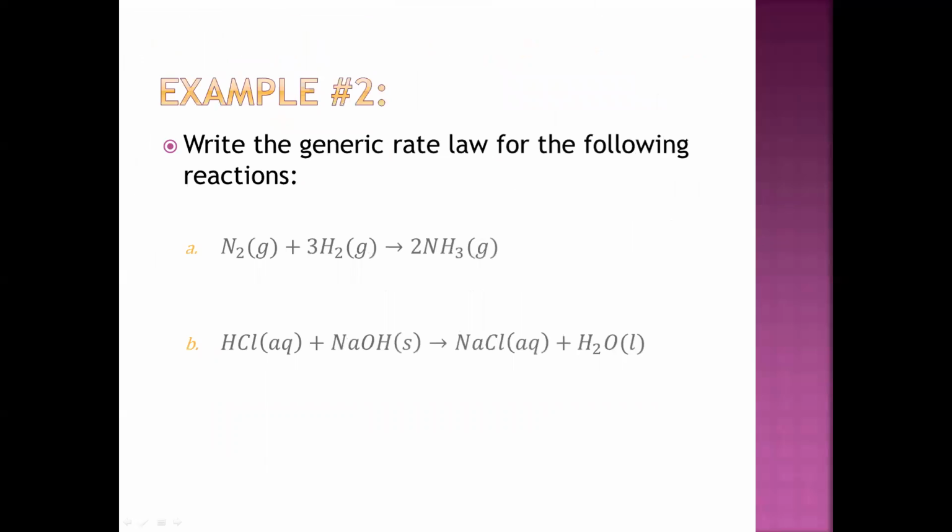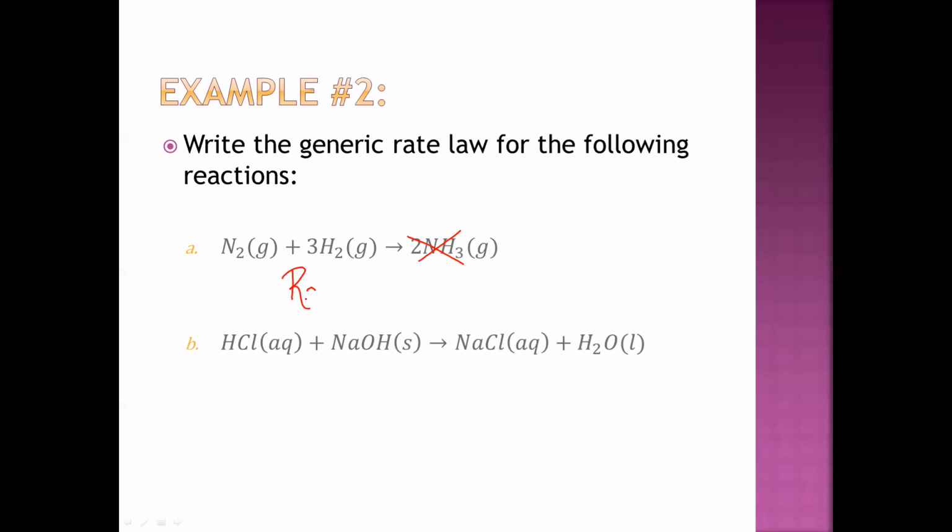So we want to write for both of these equations the generic rate laws. So we don't know very much information, but we can still write a little bit down. So for the first reaction, the N2 plus the 3H2 makes 2NH3. They're all gases, but we don't include the products. We only include the reactants.